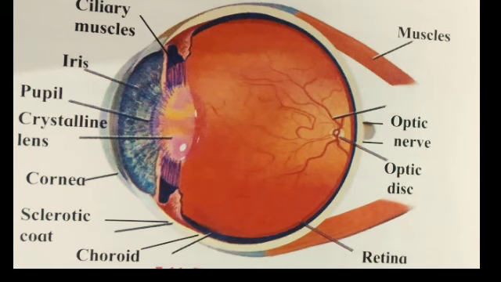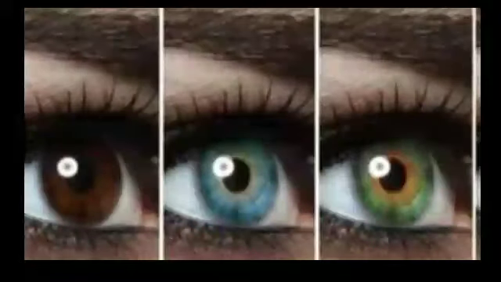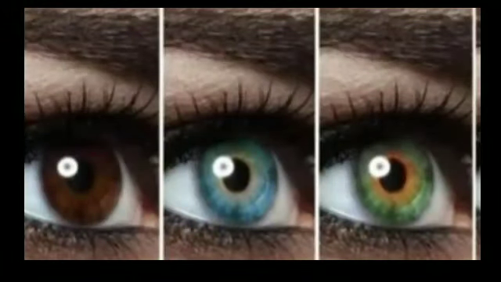Maximum amount of incident light is refracted inside the eye at the outer surface of the cornea. There is a dark fleshy screen behind the cornea and this is called iris. The color of the iris is different for different people. That means you may observe blue eyes, then brown eyes, like that way the colors are different.